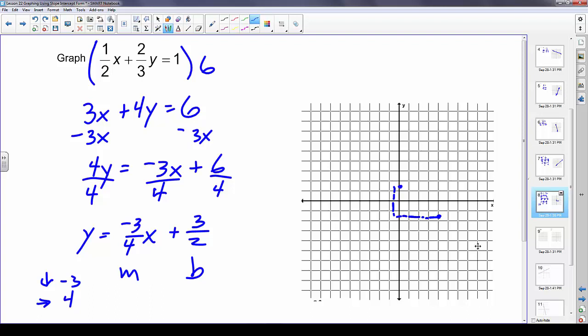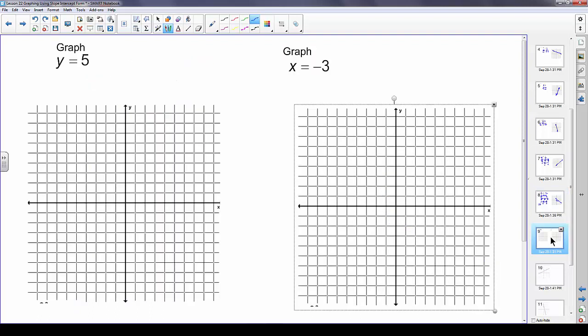Again, you'll notice my dot does not go on an intersection, it goes in the middle of the square, and I connect the dots. So this is a little bit more of an estimation because you're not going through exact values, but it's a pretty good representation of the line.